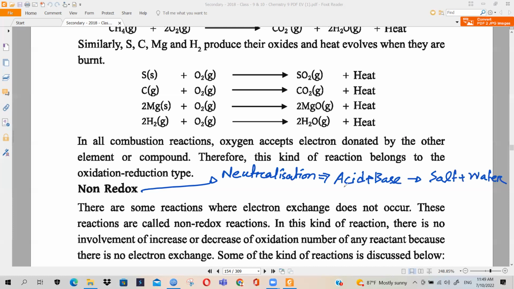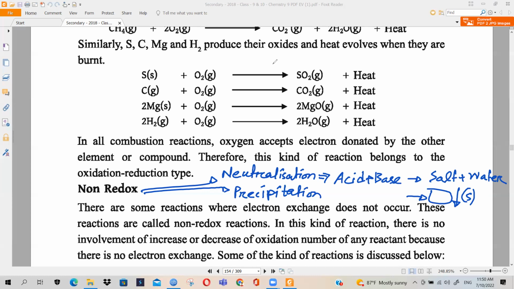And then we also have precipitation reaction. In this case one of the compounds will get precipitated in the product, or on the right side. One of it will be precipitated. You could write precipitation with this sign or maybe the solid sign.